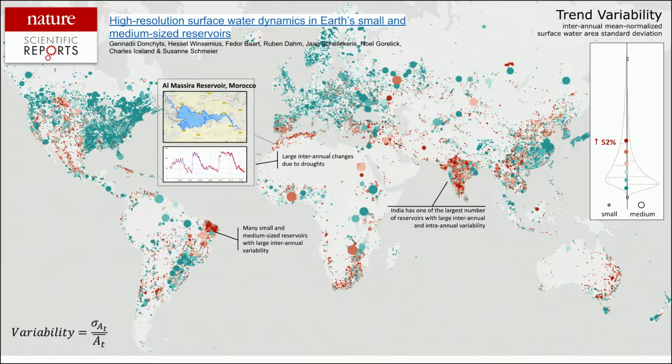And if you look at the trend component, this shows which reservoirs had large interannual changes. One example here is the Al Massira reservoir in Morocco. You see that between years there was a large change, and you can see it on this image.